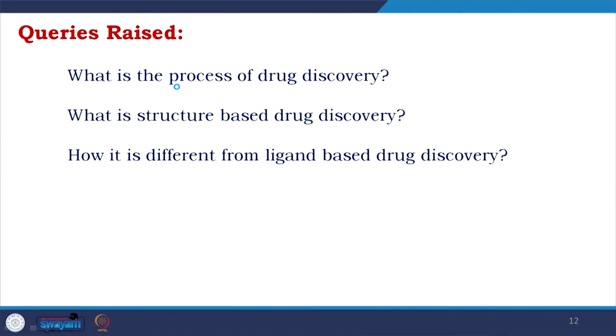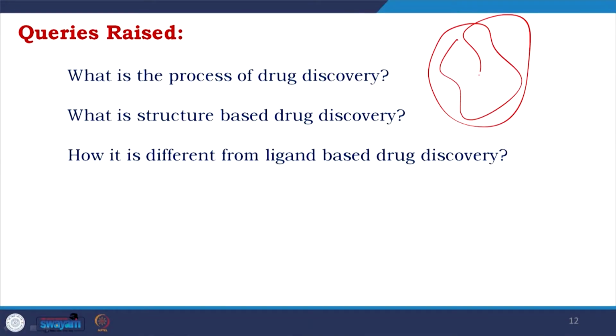As I told you, how is it different from ligand based drug discovery? If you now understand, in most drug designing there is a protein and a small molecule. The small molecule is called the ligand and the protein is called the receptor or biological macromolecule.